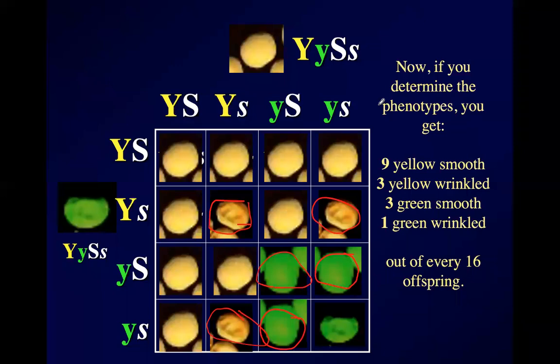They will have at least one copy of the dominant smooth allele, but they will be homozygous recessive for the green allele. And only 1 out of 16 will be both wrinkled and green. So that's how you can do this with looking at inheritance patterns for 2 different genes at the same time.